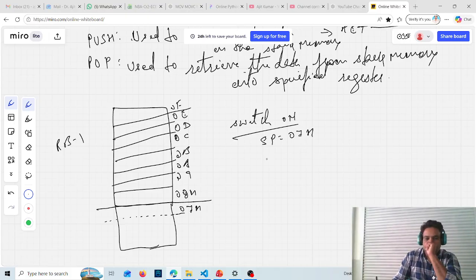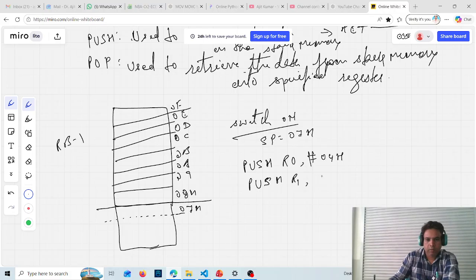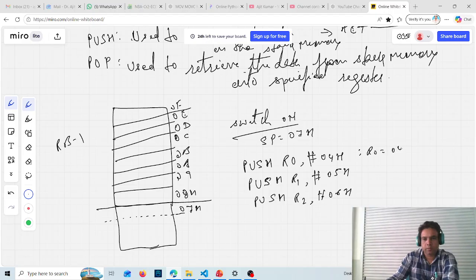Now suppose you have written some instructions here: push R0, comma, #04H. Similarly push R1, comma, #05H, push R2, comma, #06H. So what is going to happen? This register R0 will contain this 04.